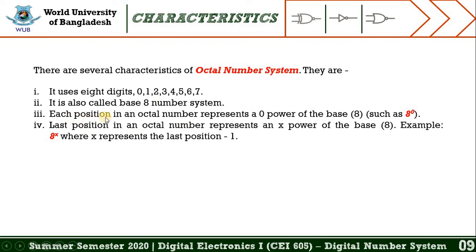Next one, each position in an octal number represents a power of the base, such as 8 to the power 0. Last one, the last position in an octal number represents an x power of the base 8, such as 8 to the power x, where x represents the last position minus 1. So let's move into the next slide.